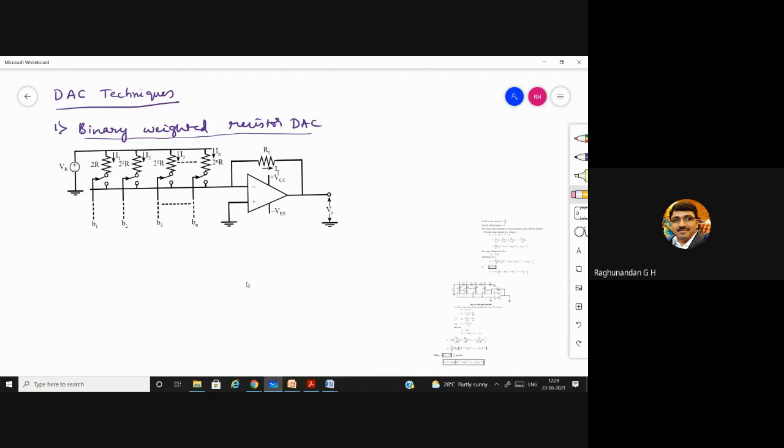So you can observe here, first of all, what kind of op amp is it? Inverting or non-inverting? It is an inverting op amp, because the non-inverting terminal is grounded.